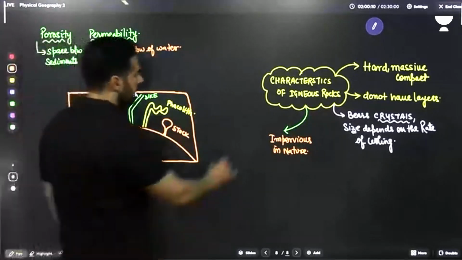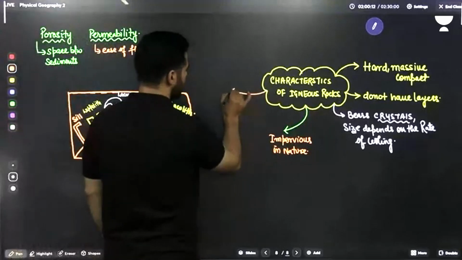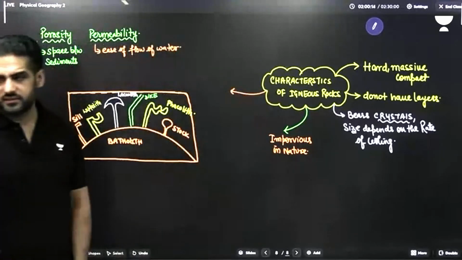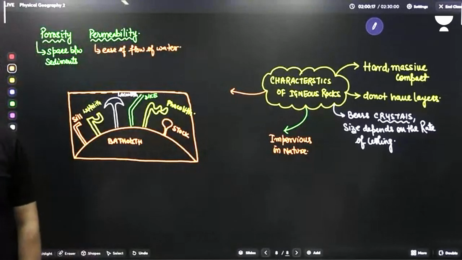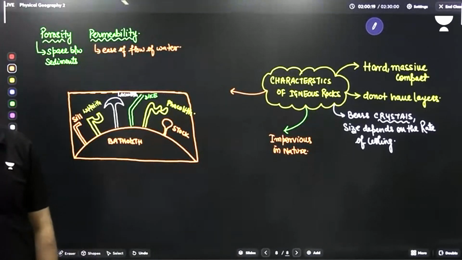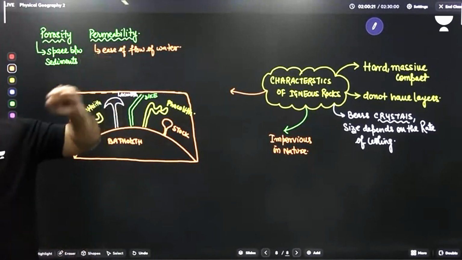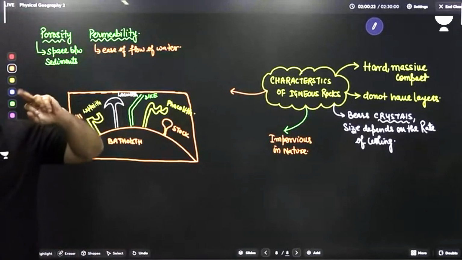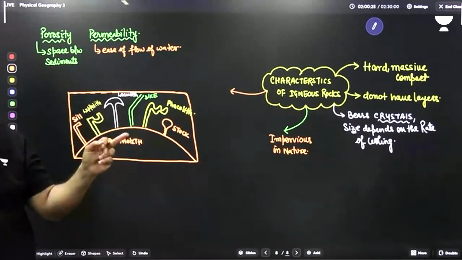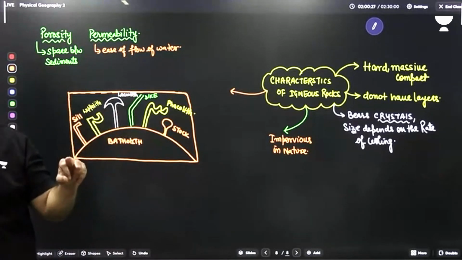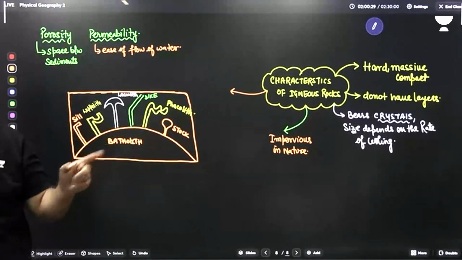Now, I told you about weathering yesterday. Chemical weathering always takes place under the influence of water and temperature. But in such rocks, is water able to percolate down? No. So they will be less affected by chemical weathering. What will be more acting on them? Physical weathering.